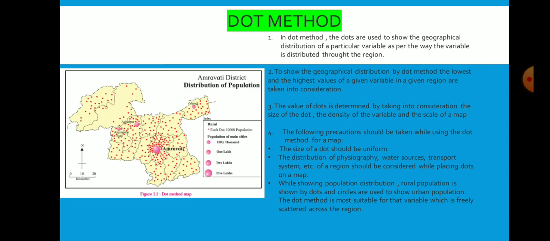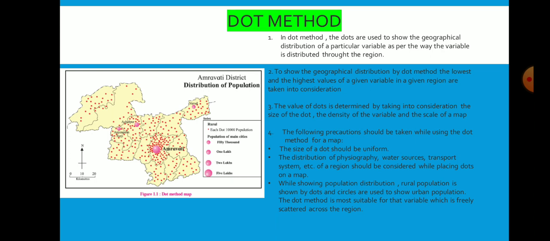First is the dot method. In the dot method, dots are used to show the geographical distribution of a particular variable as per the way the variable is distributed throughout the region. To show distribution through the dot method, the value of a dot has to be determined.